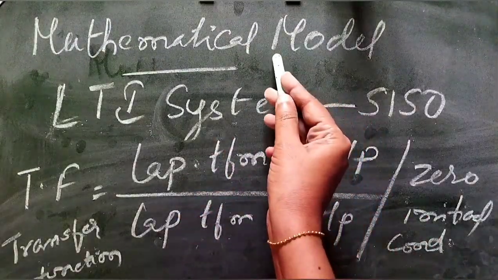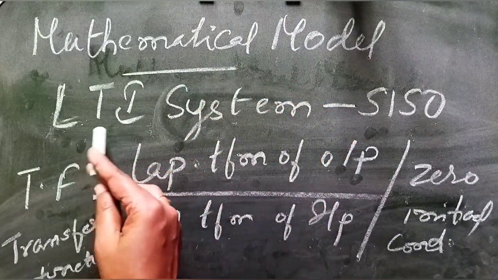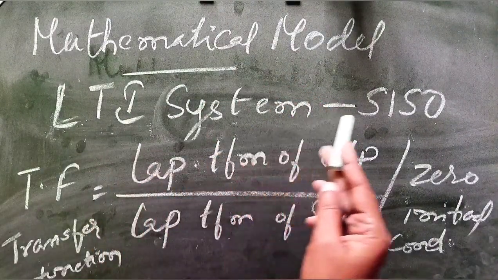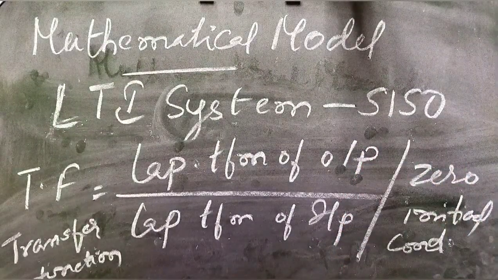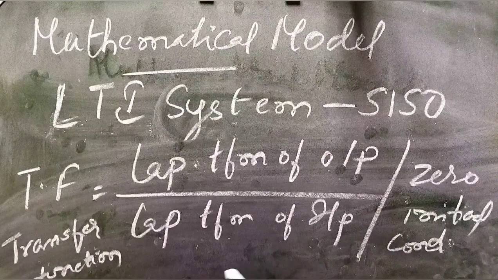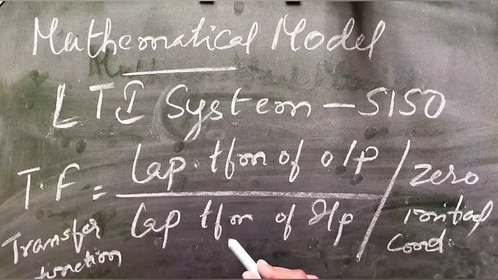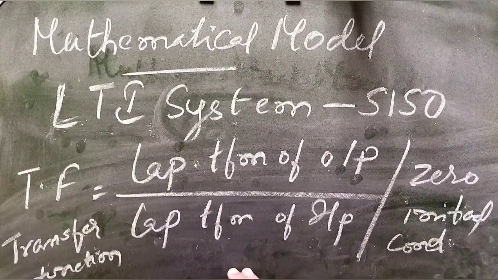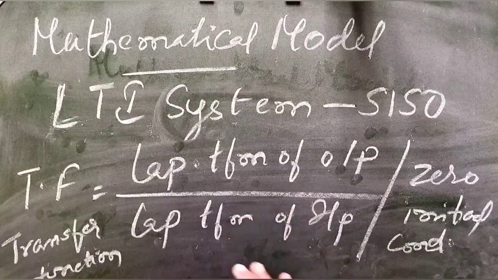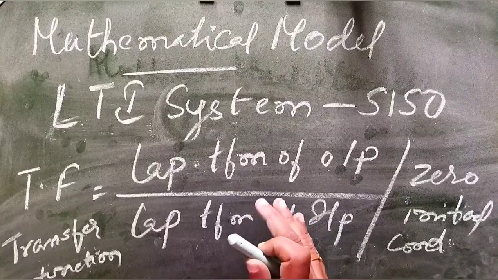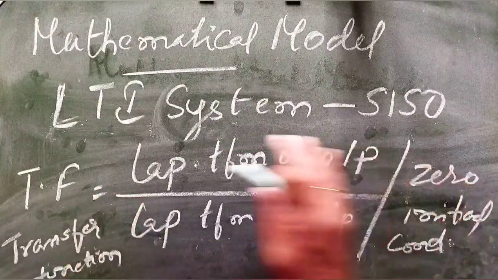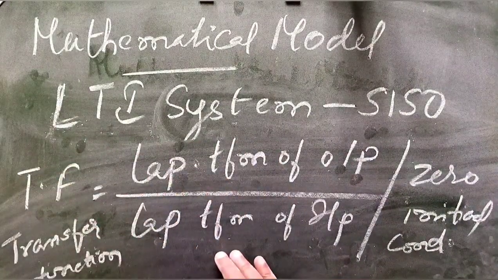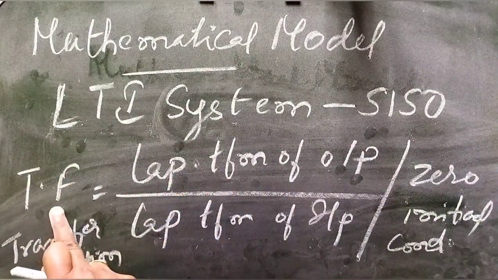Now we'll see the mathematical model for a linear time invariant system, that is, for a single input, single output system. As we already know, we can relate the input and output of a particular component in terms of a differential equation. Solving the set of differential equations governing that particular control system gives us a particular form. That form you call a transfer function.